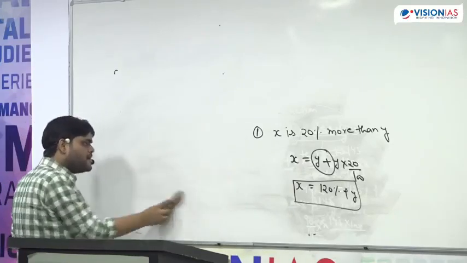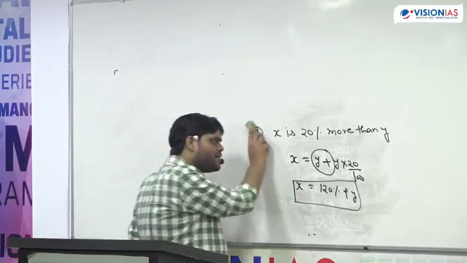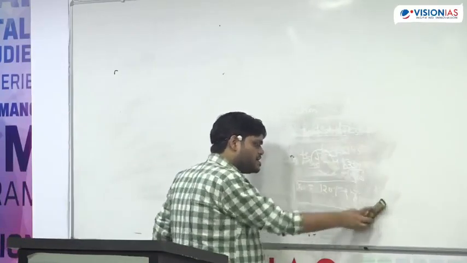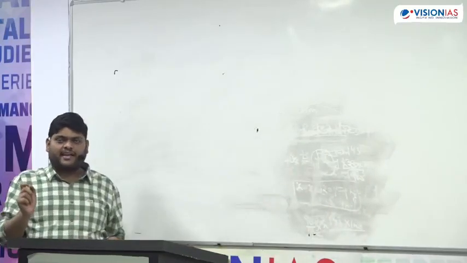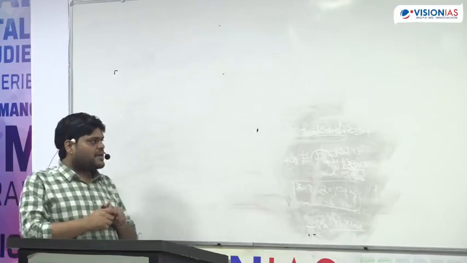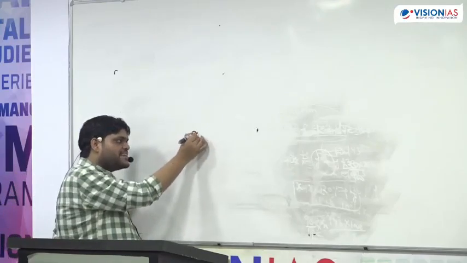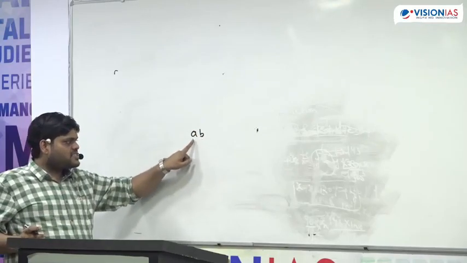Okay. Now, a very good question which can come in the examination. Whenever we have to take a two-digit number in mathematics, we never take it like a into b. This is the unit place, this is the 10th place.